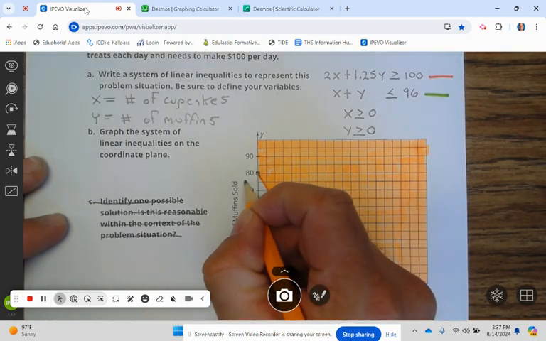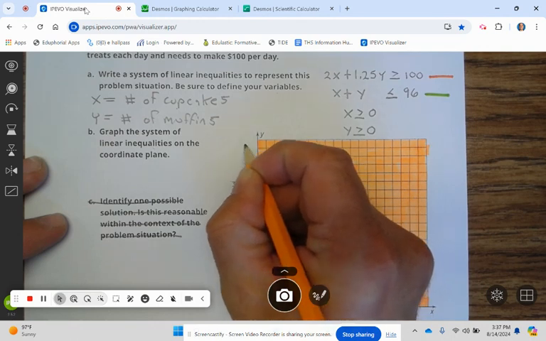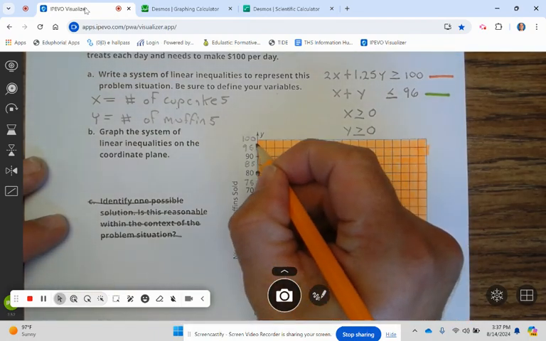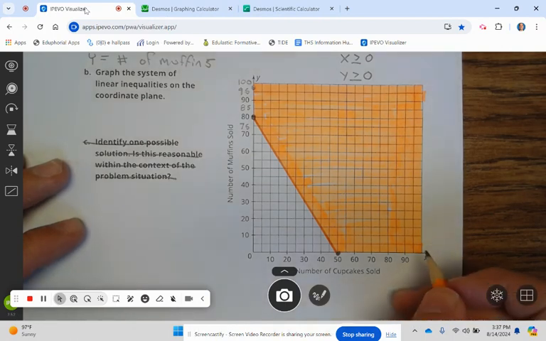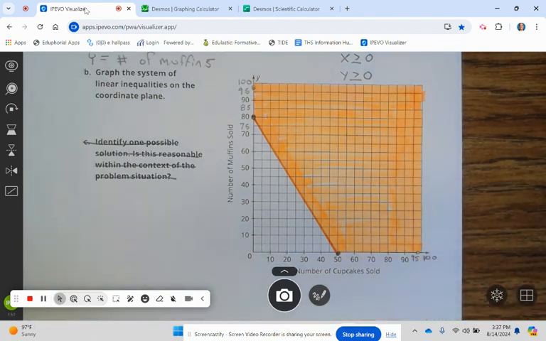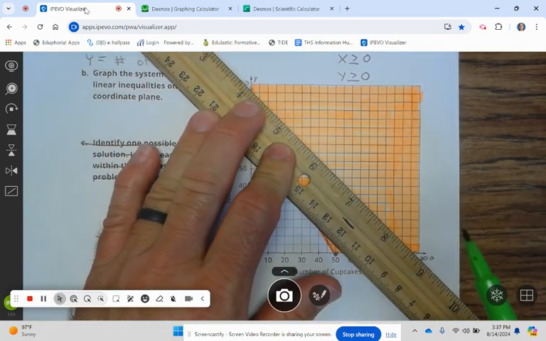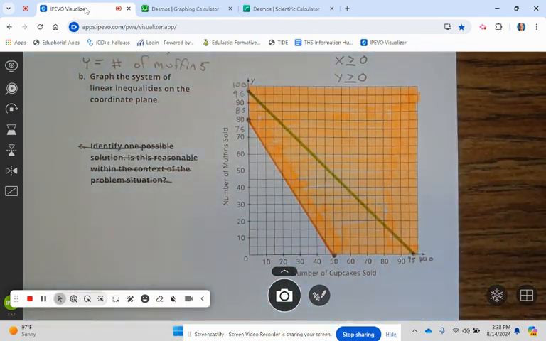So 70, 75, 80, 85, 90, 95, 100. So (0, 96) is somewhere here. And then same thing here. This would be 95. This would be 100. So somewhere right there. And again, we're going to shade.